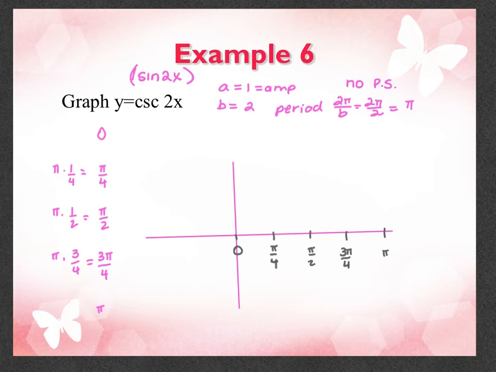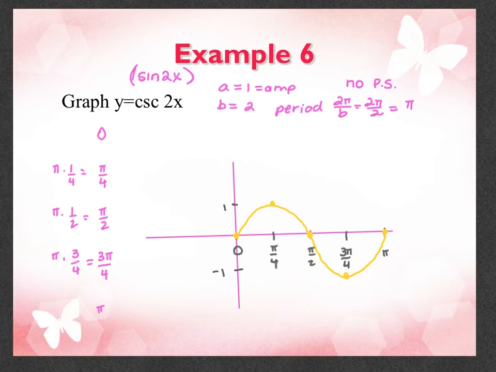Okay, and amplitude is 1. So what's the parent function that I'm graphing? Sine. Where does that start? 0. At 0, 0. So my point's going to go here. It's going to go up to 1, down to 0, down to -1, up to 0. And my sine curve's going to look like that.